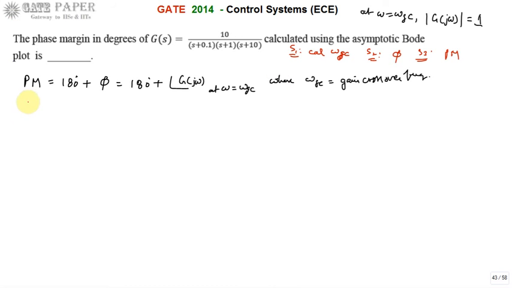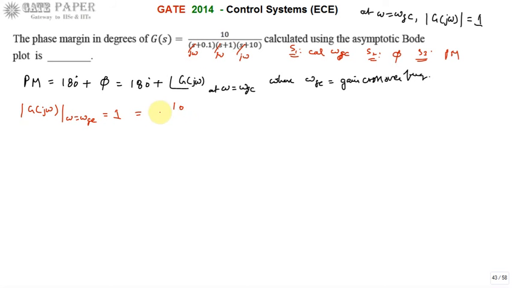So now s will be replaced with j omega, and the magnitude of G(j omega) at omega equal to omega gc is equal to 1. I can write the magnitude with omega replaced by omega g. I am not writing omega gc; omega g is the gain crossover frequency.